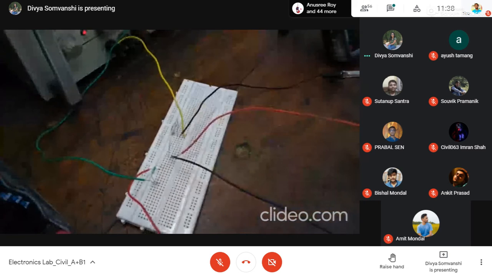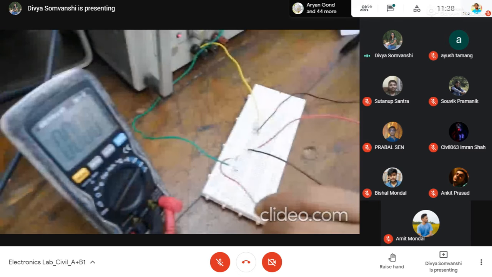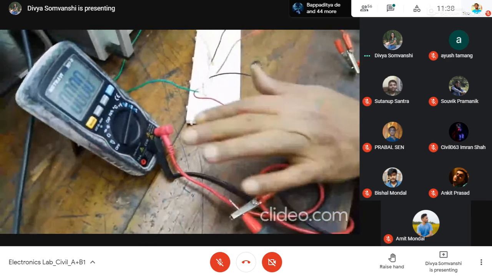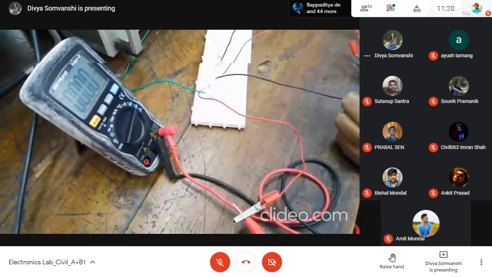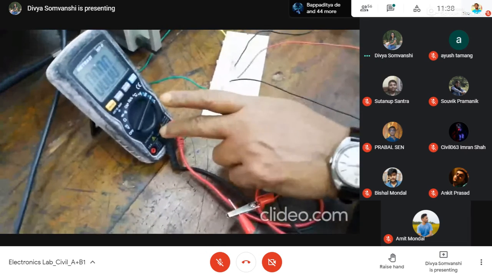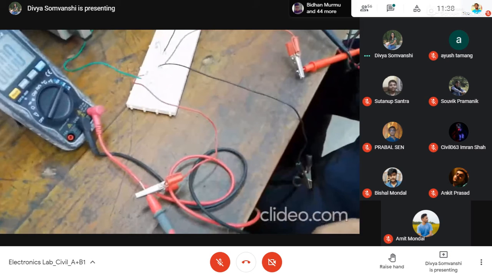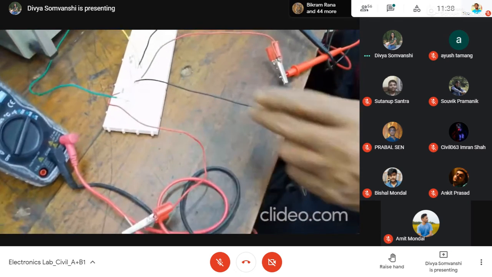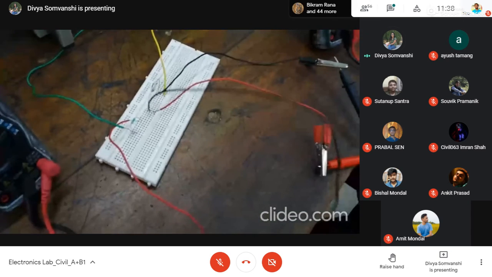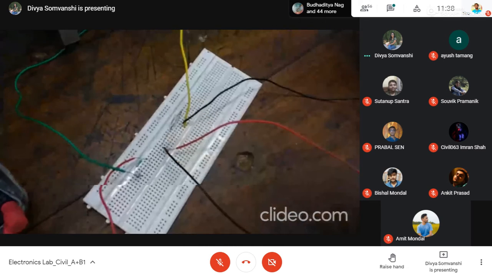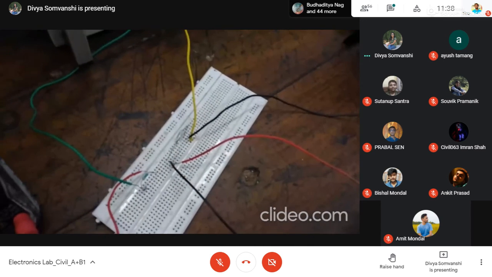From the 100 ohms, the one red wire is connected to the positive terminal of a milliammeter. From the negative terminal of the milliammeter, the wire reaches here at the anode of the PN junction diode.